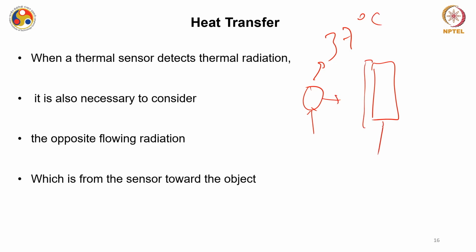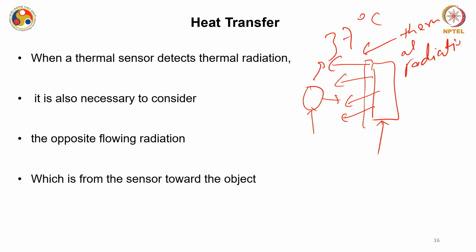At the same time, this sensor is also at a certain temperature, it is not at absolute 0, right. So it is also emitting thermal radiation from the sensor surface as well. So for accurate measurement of the movement of this person in the vicinity of the sensor, I have to also consider the oppositely flowing radiation from the sensor towards the object.